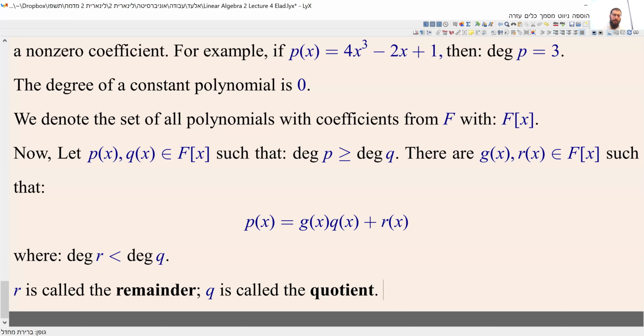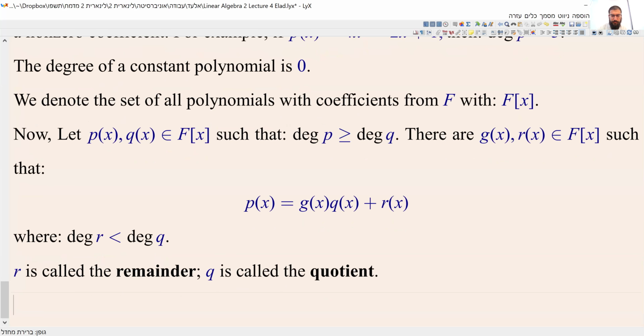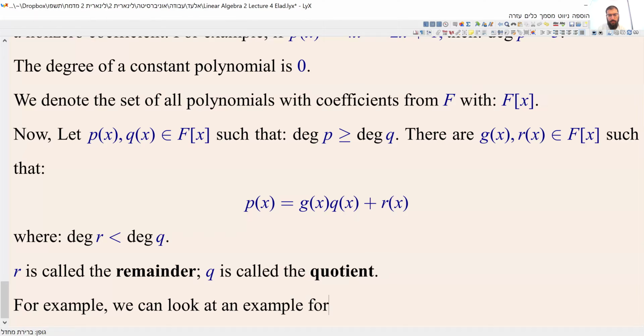If not, you can correct me. I think it is right. For example, we can look at an example from calculus.